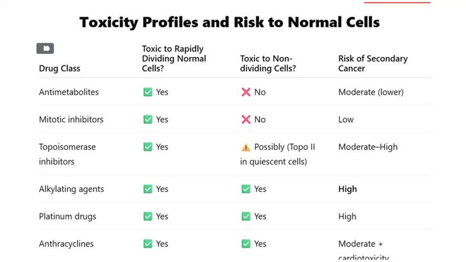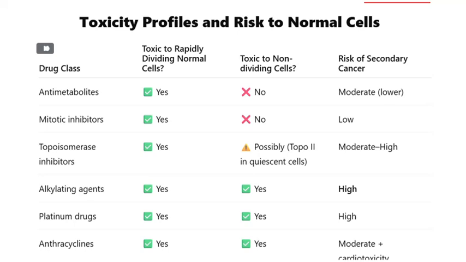These agents are toxic to non-dividing cells as well as to cancer cells, but their risk of secondary malignancy is moderate, not as high as alkylating agents and platinum drugs. Anthracyclines are also well known for their cardiotoxicity.